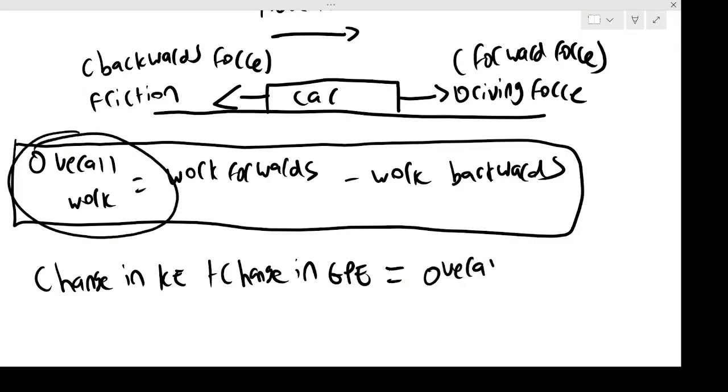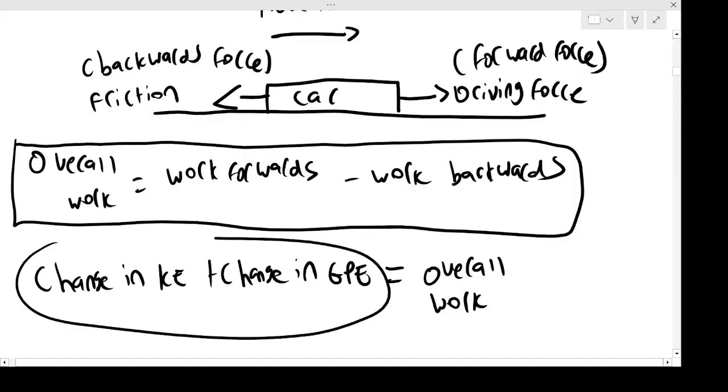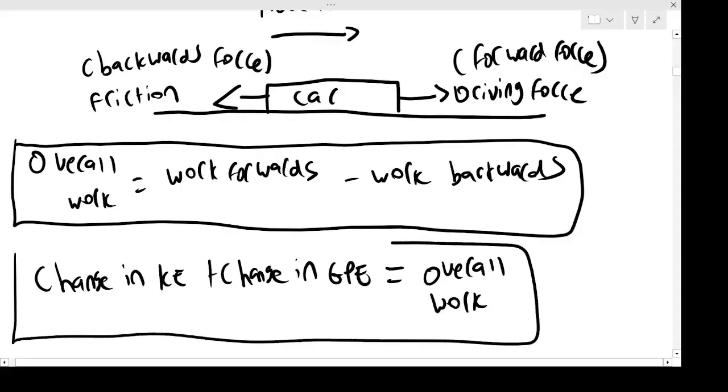So it actually equals the overall work. And so this is the work energy principle, because it links energy: changes in the energies have to equal the work. And so these two formulas here we're going to use to look at some problems.